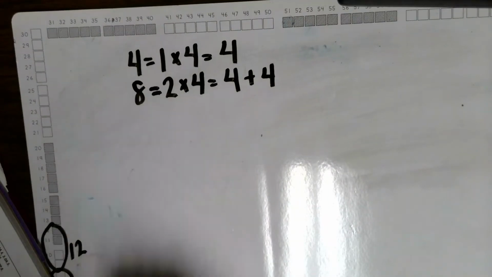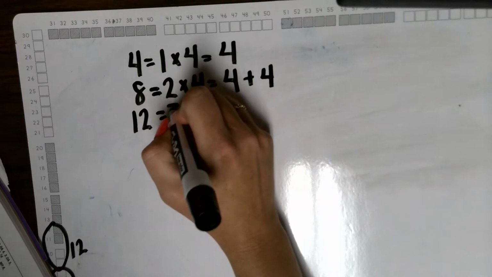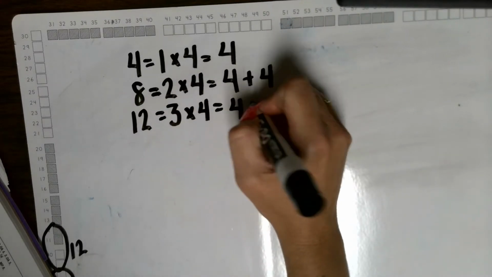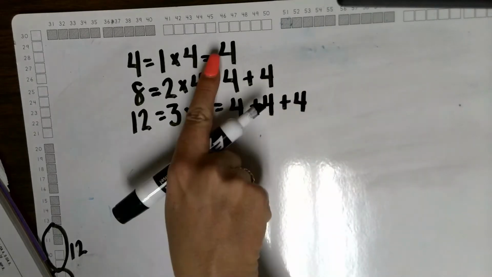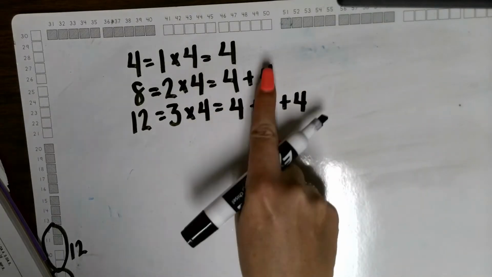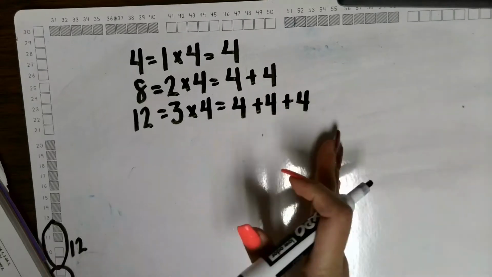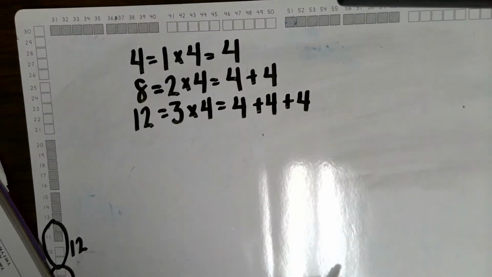And then your next product would be 12, which is 3 times 4, which equals 4 plus 4 plus 4. And you're going to see I'm trying to keep my numbers lined up as I go. I'm trying to keep everything sort of lined up. And the reason I do that, you guys, is because it helps me with my observations when I'm done.